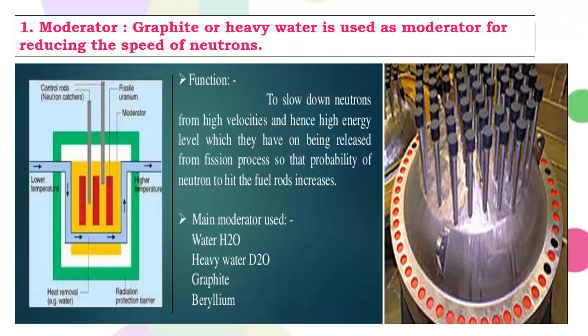Let's see how. The moderator's work is to reduce the speed of neutrons, and for that we are using graphite or heavy water. You can see here these rods are there to slow down the neutrons from the high velocity, high speed and hence high energy level which they have on being released from the fission process.